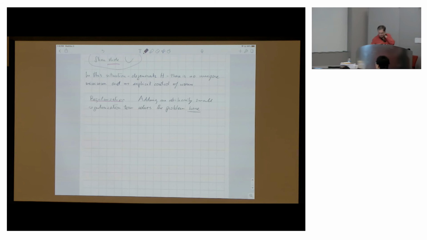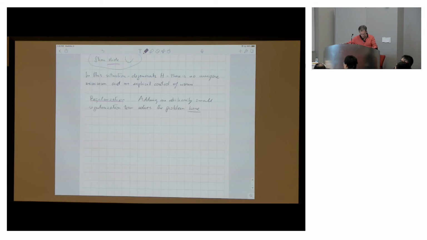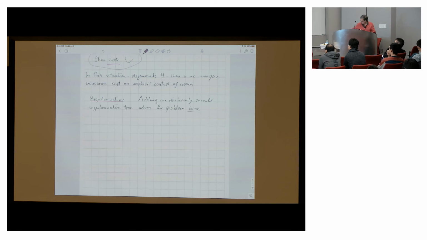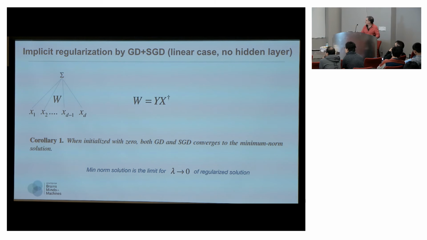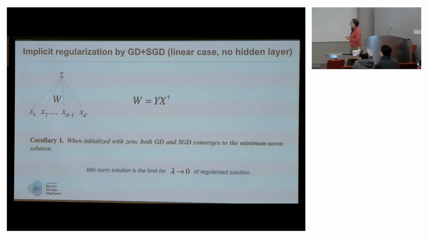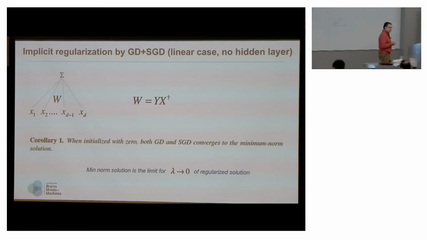And let's see, I have here a couple of examples. First of all, this is just a restatement of what I said. Both gradient descent and stochastic gradient descent converge to the minimum norm solution for linear networks and square loss.